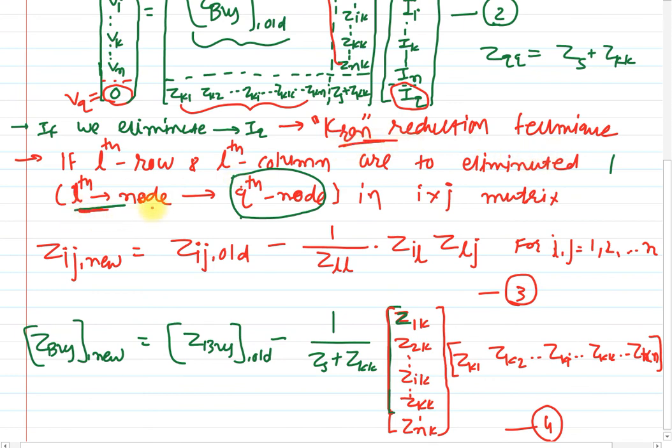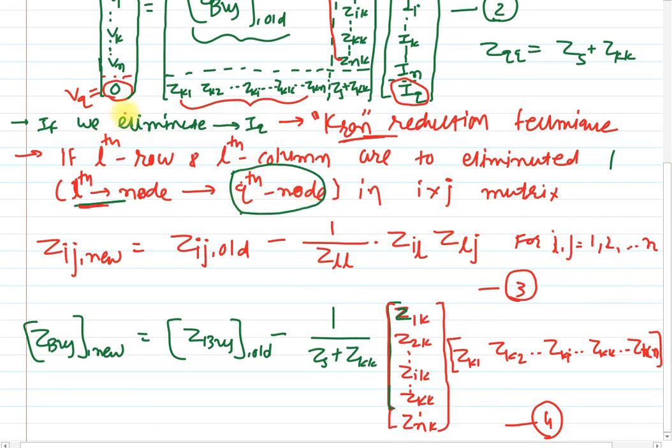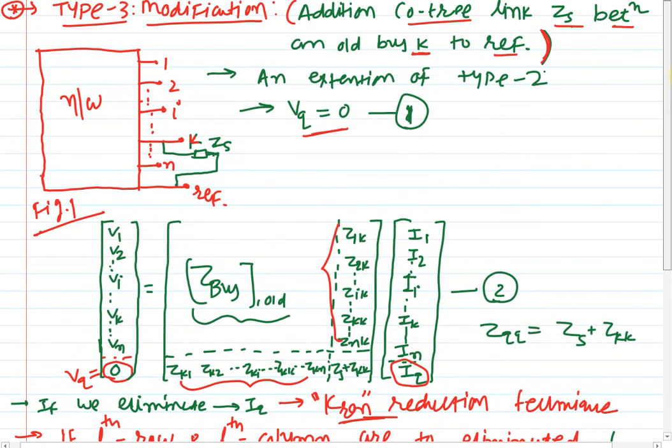According to the Kron reduction technique, if the qth node is eliminated, as we can see in the figure also, the qth node is eliminated from the system because it is connected to the reference bus.